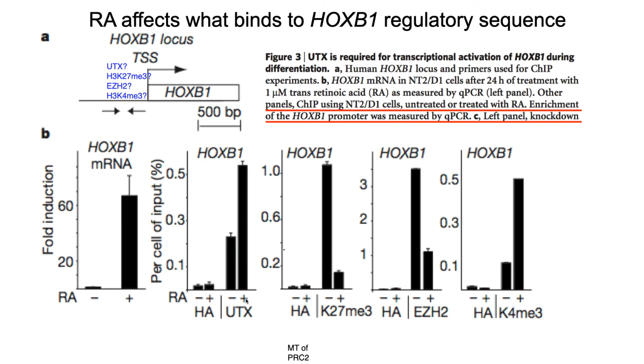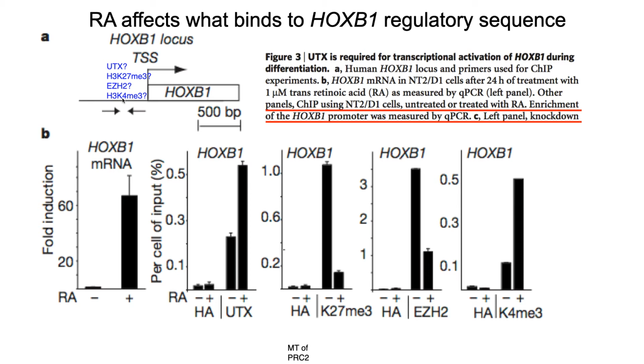And then they took those cells, they performed ChIP, and they enriched the DNA with antibodies that bind to UTX, H3K27me3, so the specifically trimethylated version of K27 of the histone H3 protein, EZH2, this is a component of PRC2, and a specifically modified histone H3 that is trimethylated at K4.